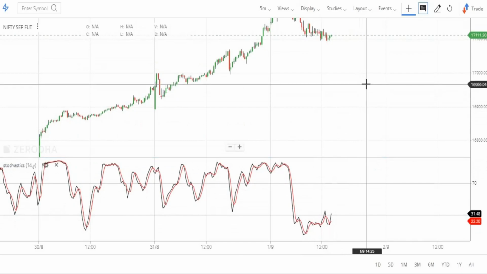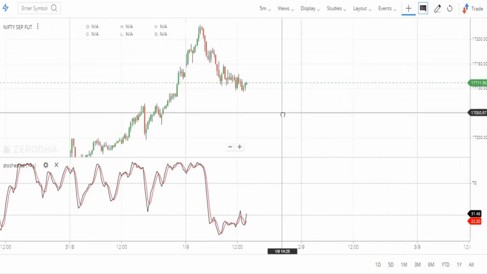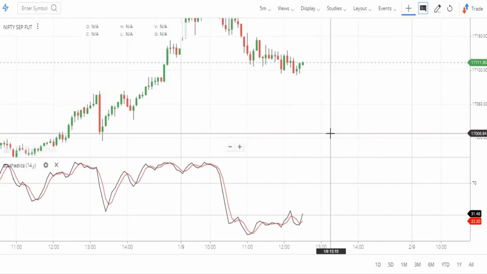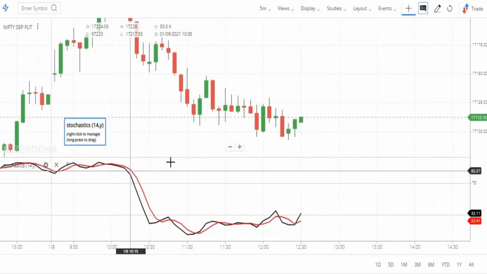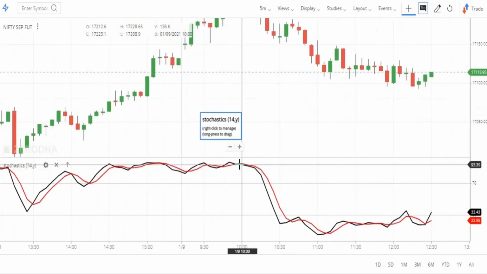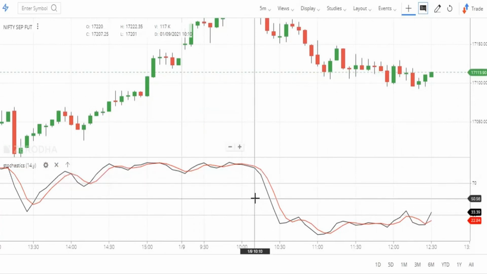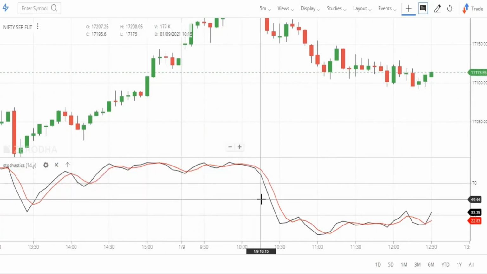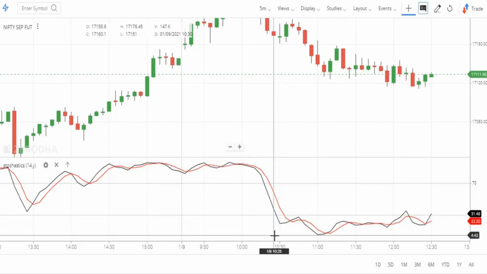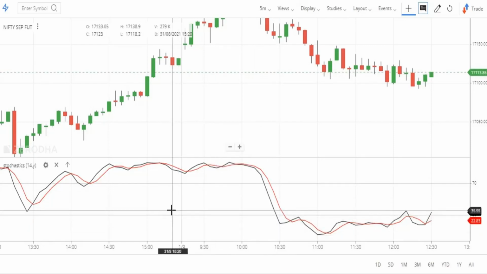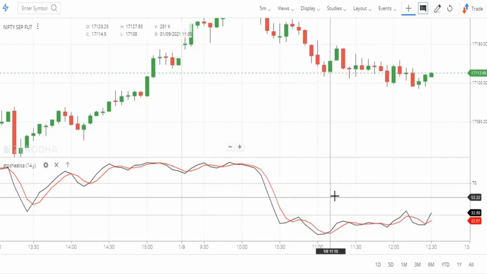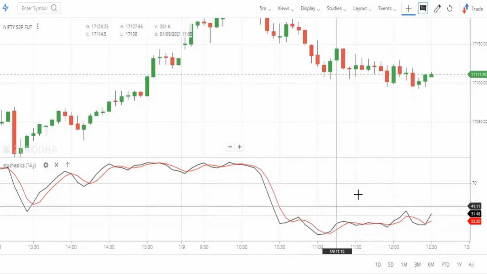The basic concept is again the same: whenever a fast moving stochastic line passes a slow moving stochastic line, it gives an indication that this might be the upcoming trend. But the problem with stochastics, as you are seeing on the screen right now, is that it gives multiple fake signals as well.